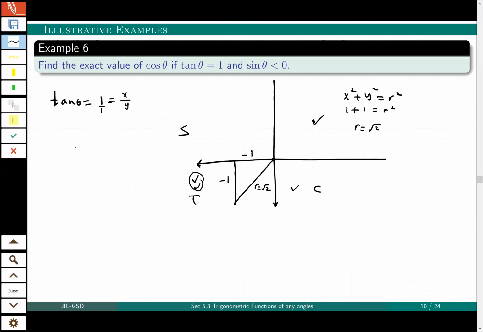Cosine theta is x over r, and our x is -1, our r is square root of 2. Be careful about the direction, the sign direction. Here x is negative, here x is positive. Upward positive y, downward negative y. That's basics. Common sense direction.